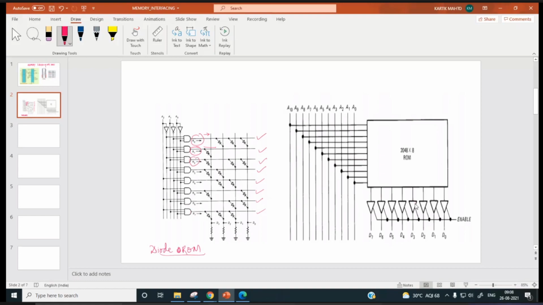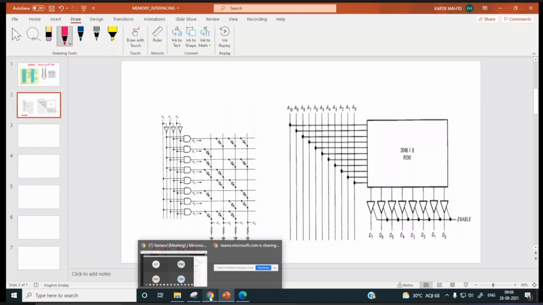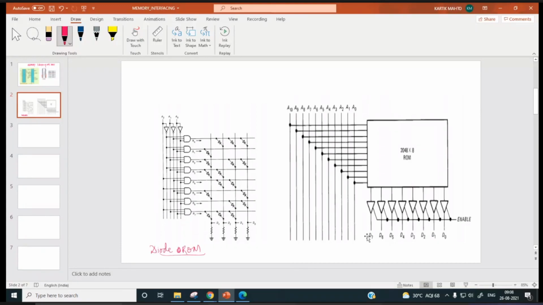Now, for reading, say, the first 4-bit data is stored in the first location, what are we supposed to do? Suppose we want to read data from this location.